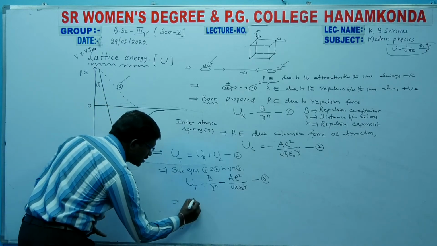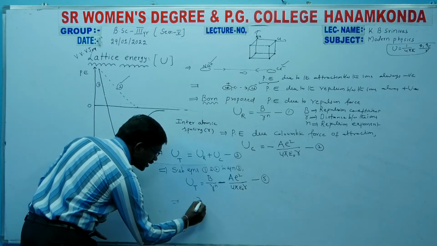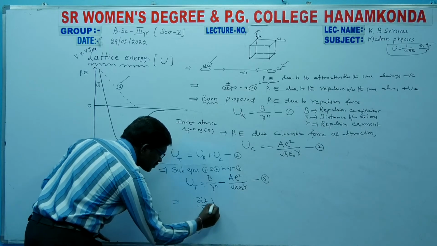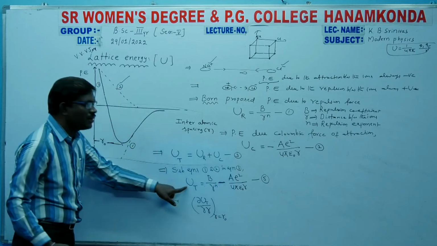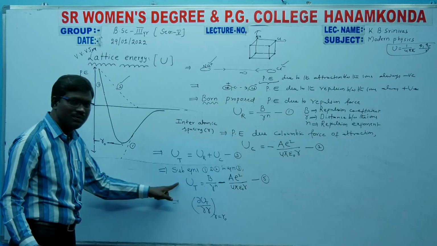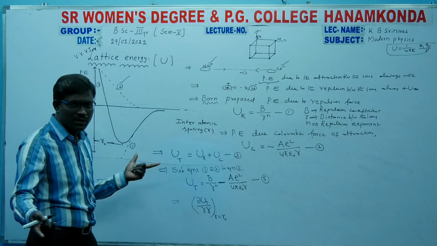At r naught distance, if I differentiate this U with respect to distance at r is equal to r naught, if U is a minimum value, this total energy is a minimum value at r naught distance, its first derivative becomes 0.